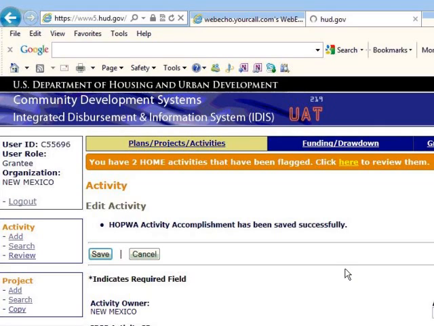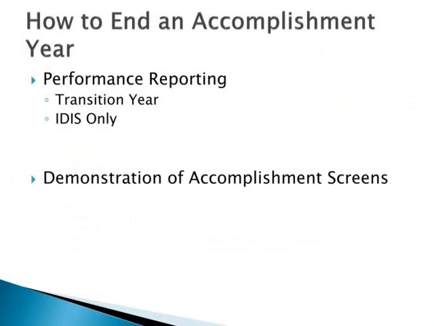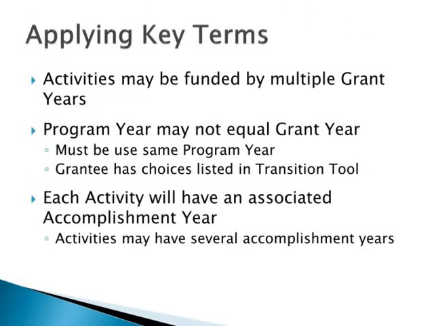This slide sums up some of the demonstration points we discussed. Remember, grant year is applied when you want to encumber funds to a specific activity. When you encumber funds to an activity, you will indicate which grant year or grant years you want to use to fund the service. IDIS uses program year to identify projects and activities.